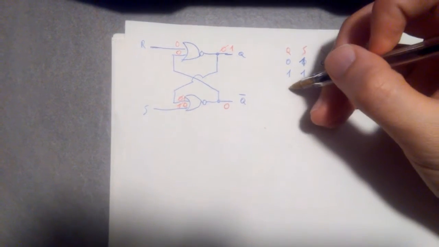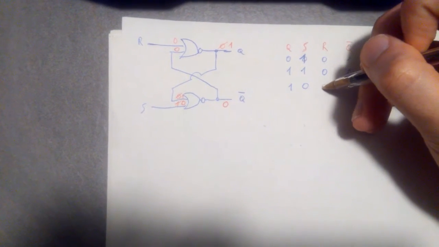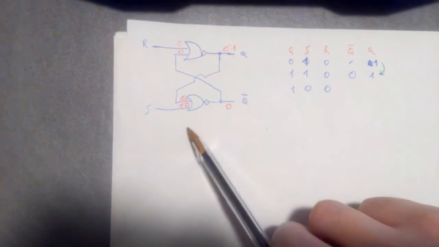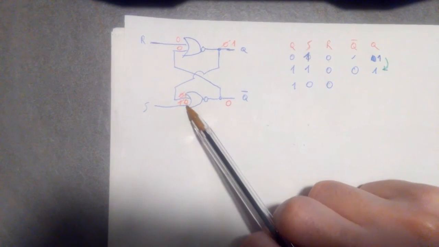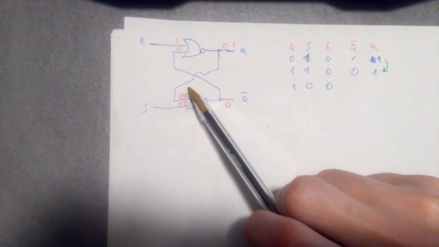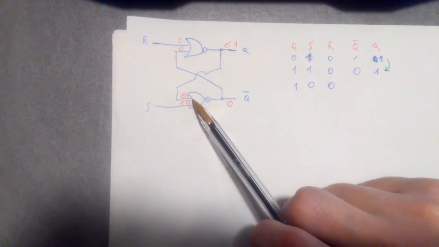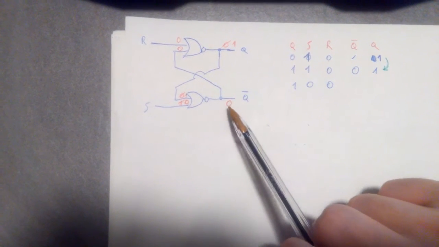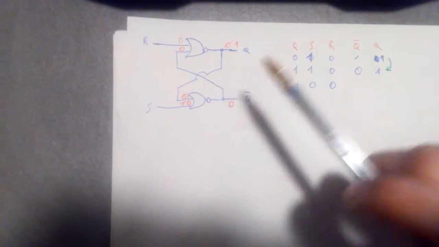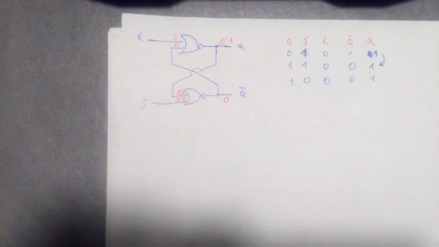Well, 0, 0. Even if we drop this to 0, one of those is still going to be a 1 because of the output feedback, and this is an OR, so the output doesn't change and the result just stays the same. So we're still going to get 0 and 1.